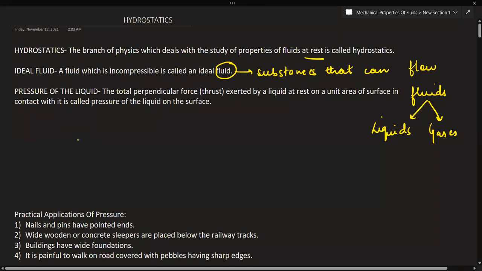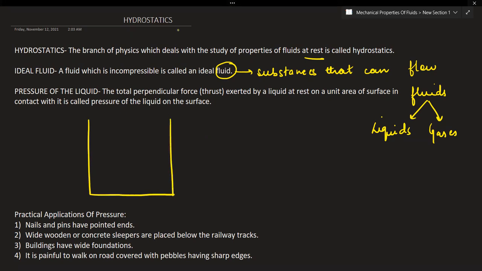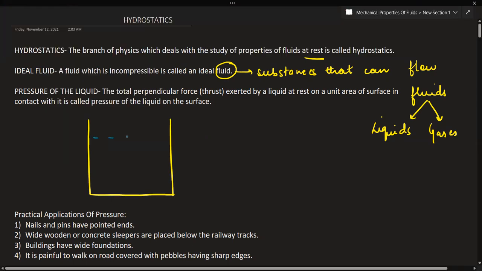See, the perpendicular force applied to the surface is known as thrust. For example, this is the container and I have kept a liquid. Now the molecules will collide with this wall of the container.